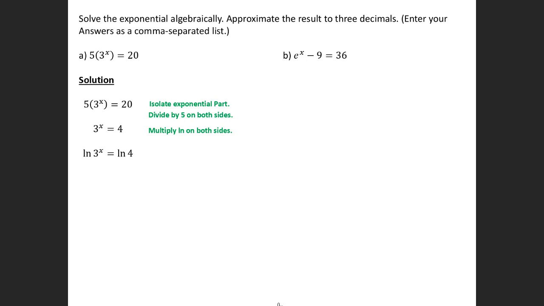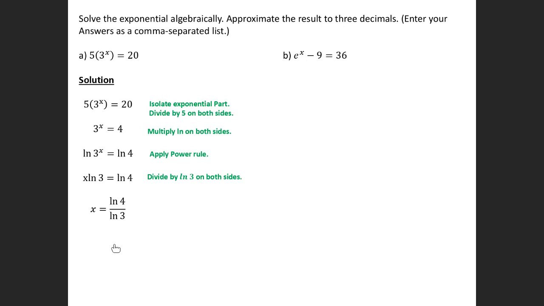Again, our power property will allow us to bring down the x. So we're going to have x times the natural log of 3 is equal to the natural log of 4. The last step for us to solve for x is just divide both sides by natural log of 3. And that's going to give us x is equal to the natural log of 4 over the natural log of 3.